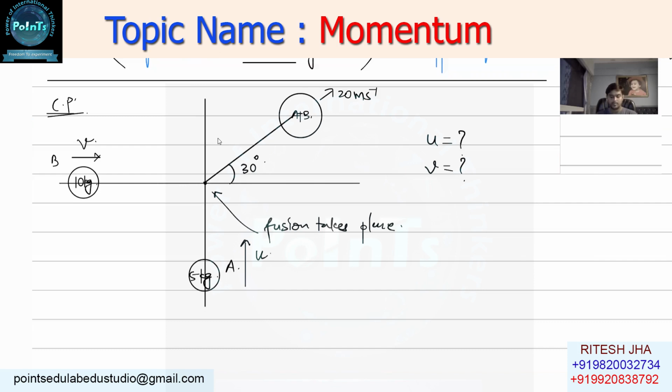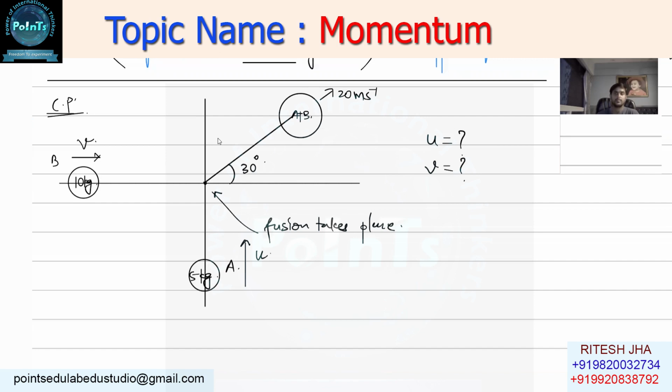Is it sin 30 is equal to U? Well no, we have sine 30 as the vertical component of the fancy V, which is what I've labeled 20 meters per second. So 5U must be equal to 20 sine 30.